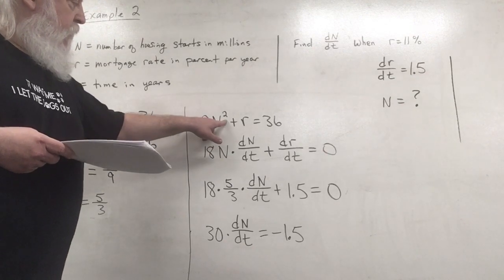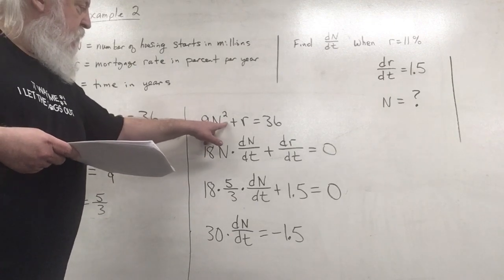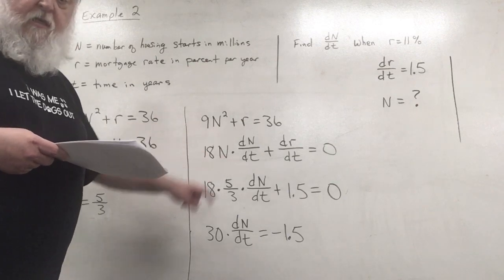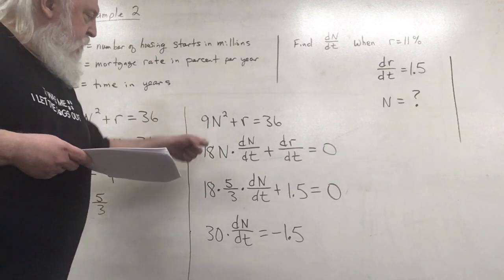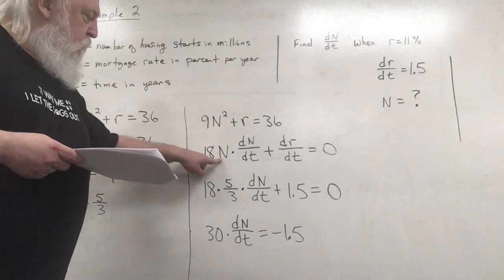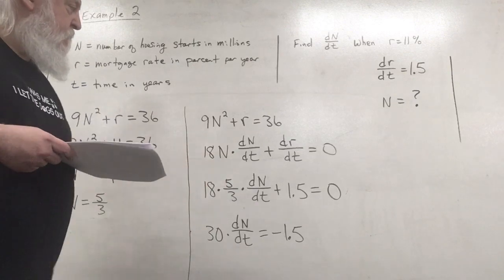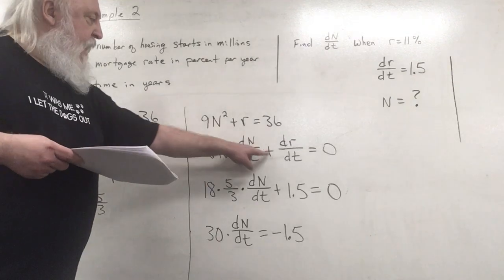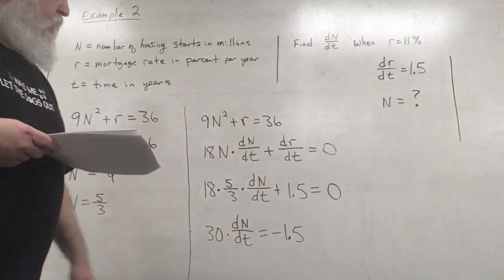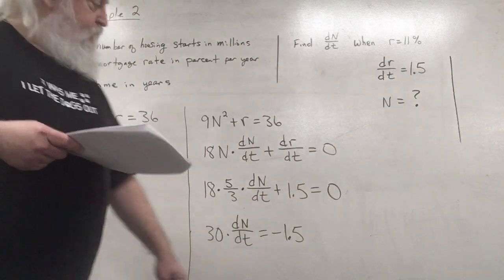For the derivative of n², you bring the 2 down front and subtract 1 from the exponent. 9 times 2 is 18, and then we have n to the first. But we're differentiating with respect to time, so by the chain rule we multiply 18n by dn/dt. Then we add the derivative of r with respect to t, which we denote dr/dt. And the derivative of a constant is always 0.